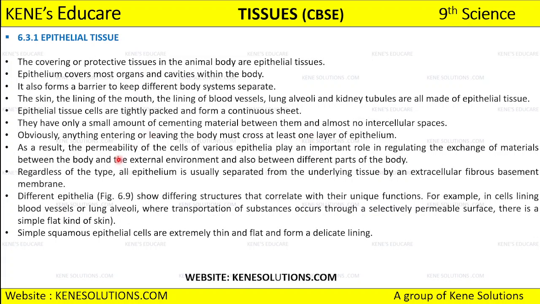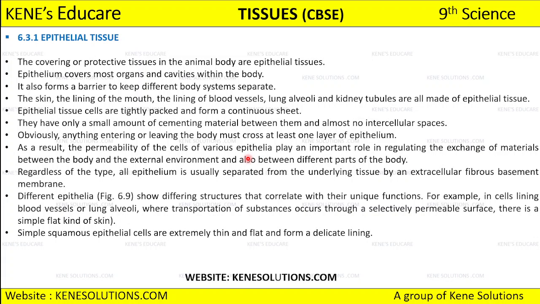As a result, the permeability of the cells of various epithelia plays an important role in regulating the exchange of material between the body and the external environment, and also between the different parts of the body.